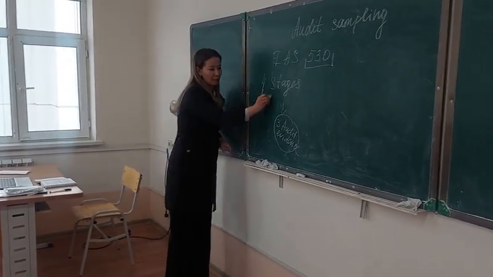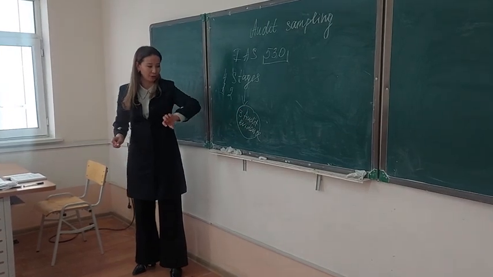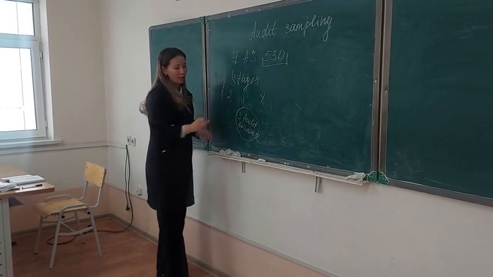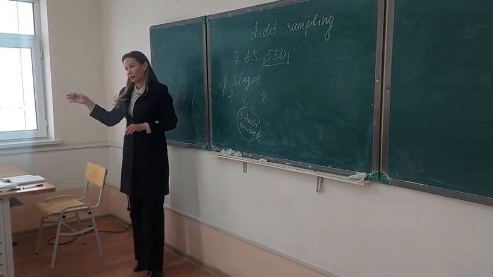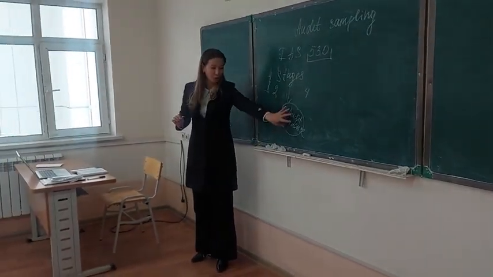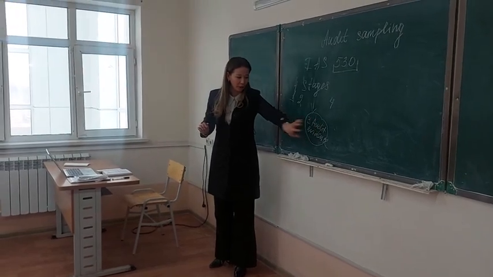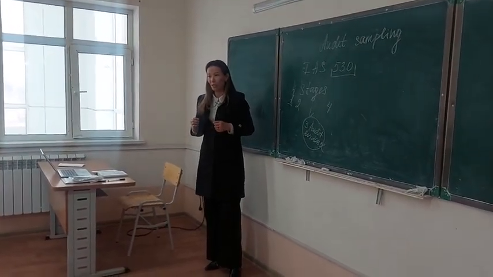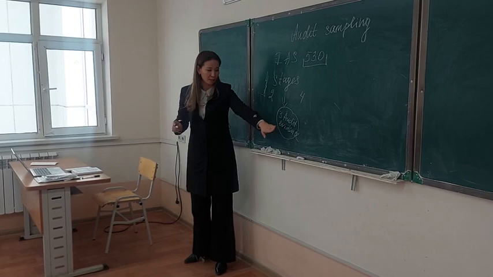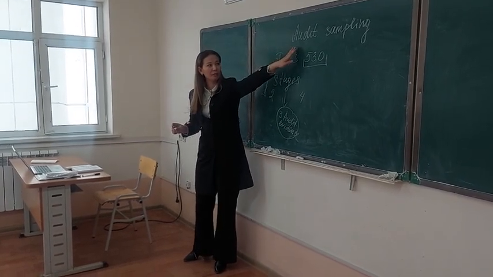The 2nd stage is audit planning. The 3rd, the main stage of audit, is audit evidence, and the last stage is audit conclusion. Our next lecture will be about audit conclusion. Today we learn that when we collect audit evidence in order to give an audit conclusion, we must use one of the audit methods. It is audit sampling.